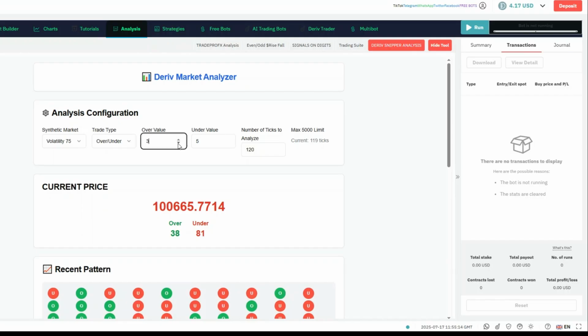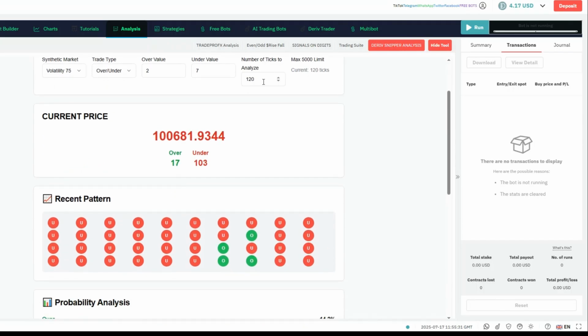With such a capital, you need to trade either over 2, or you can trade under 7. So you see, I've put the values like that, and the trade type I'm on is over under. Volatility is 75 there, and the number of ticks I'm using is the current 120 ticks.